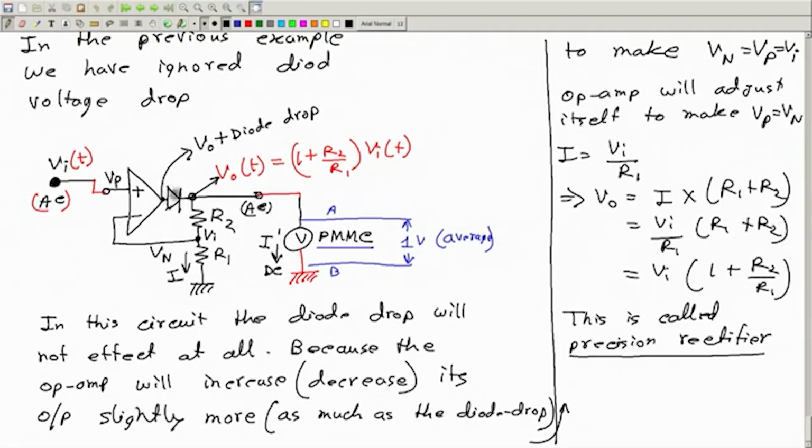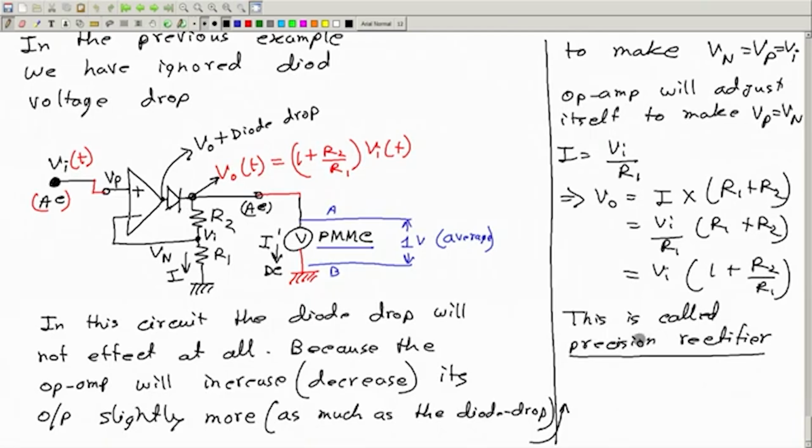But if we put it here, the op amp itself takes care of this voltage drop. Whatever the voltage drop across the diode is, the op amp will increase its output by the same amount more, so that this diode voltage drop doesn't come into effect at all. So that was the beauty or speciality of the precision rectifier.